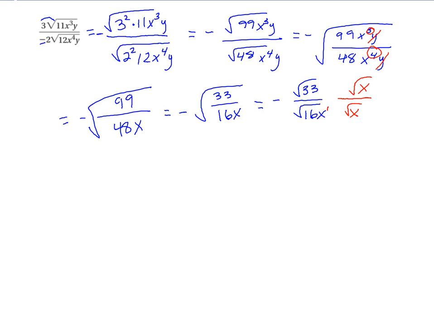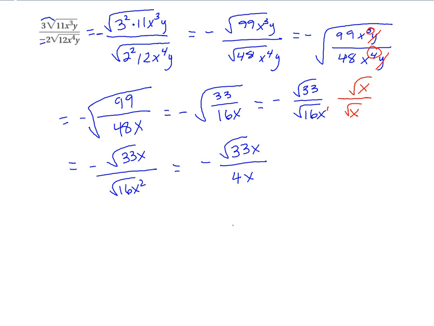And so we're going to get the negative square root of 33x over the square root of 16x squared, which is equal to the negative square root of 33x over 4x. All right, and so what we have here is our final answer.